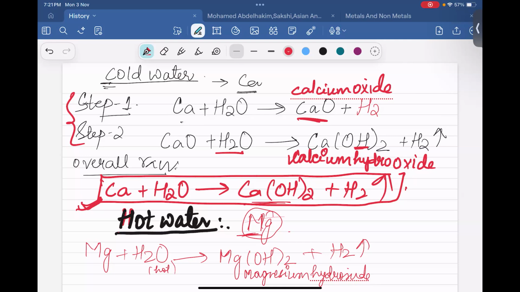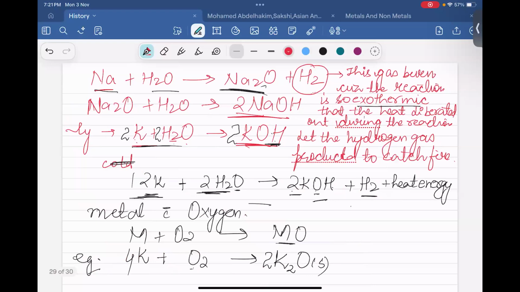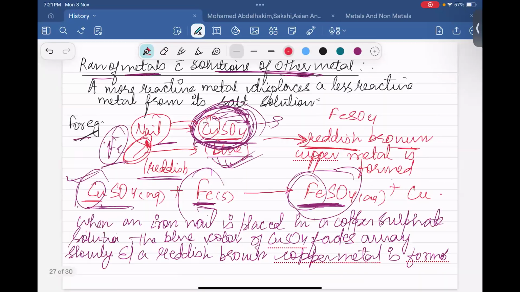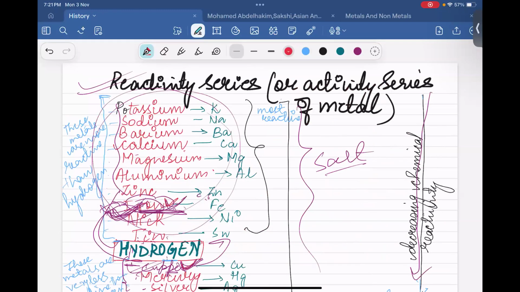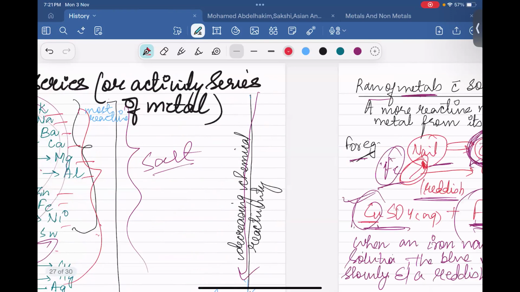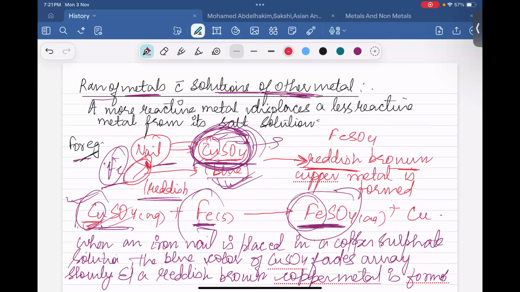In the next lecture I will be hearing this series from you. You have to learn it by heart. First of all, potassium, sodium, barium, calcium, magnesium, aluminum, zinc, iron. Because due to this, you will solve many problems. I'm giving you an example of copper sulfate.